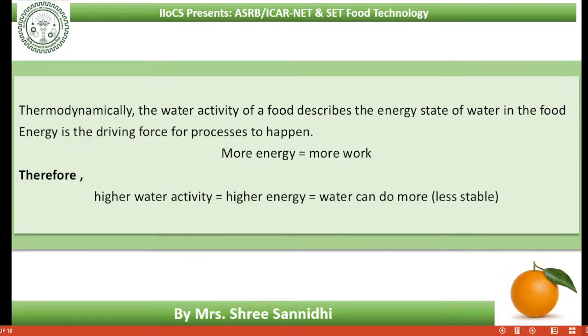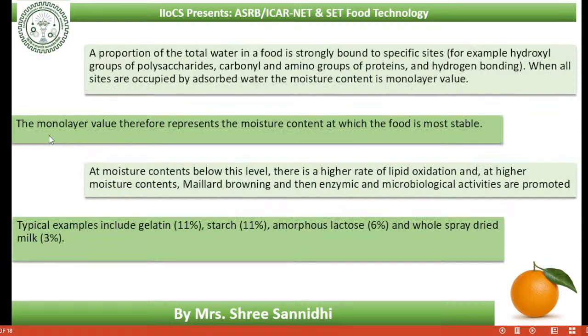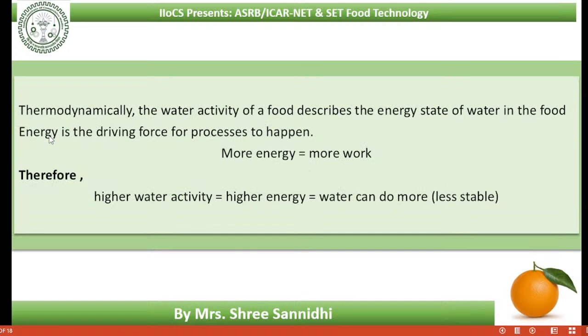Let us see the thermodynamic facts of water activity. Thermodynamically, the water activity of a food describes the energy state of water in the food. Energy is the driving force for processes to happen. We know that any process to happen needs energy.